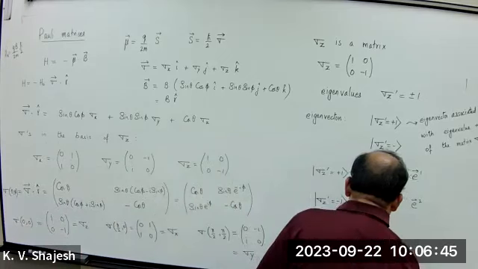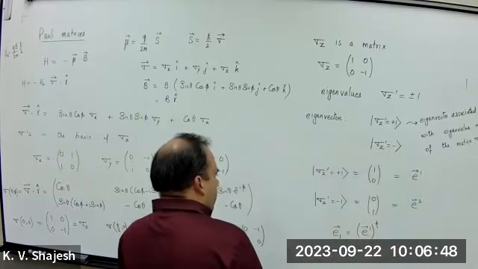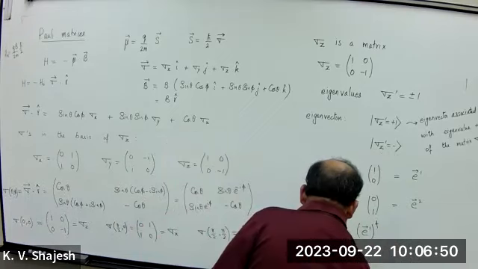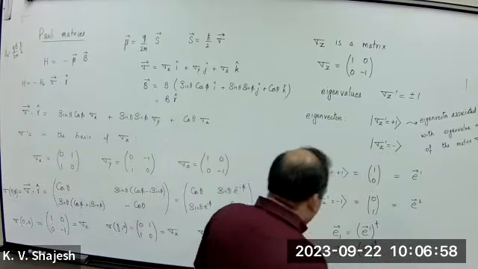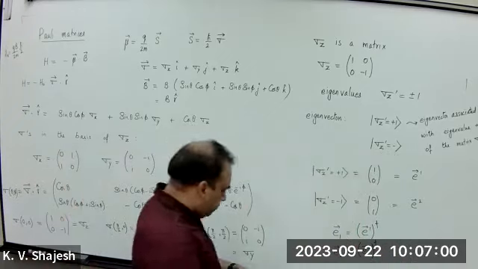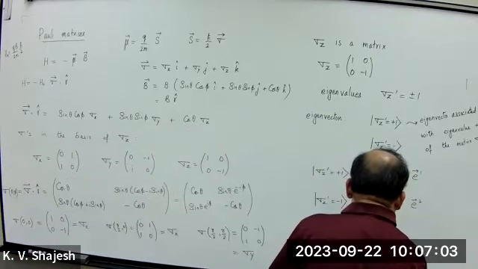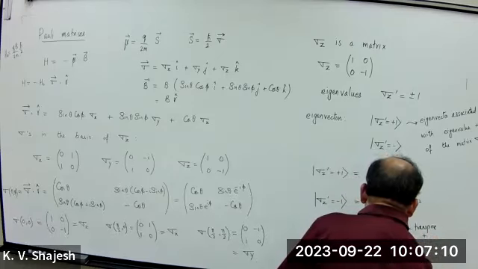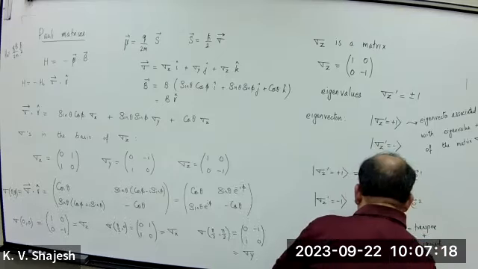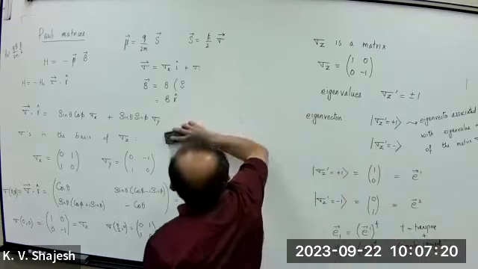If you just take a star and make it a row vector, that is good enough. And E2 is equal to E2 dagger. And dagger is transpose plus complex conjugate.